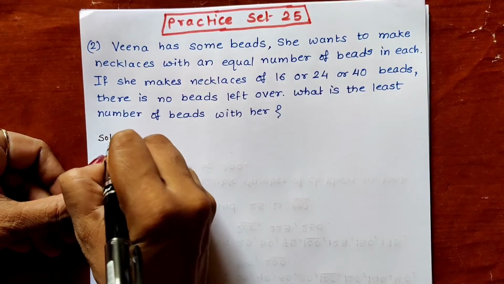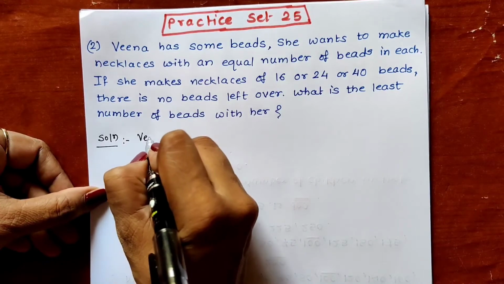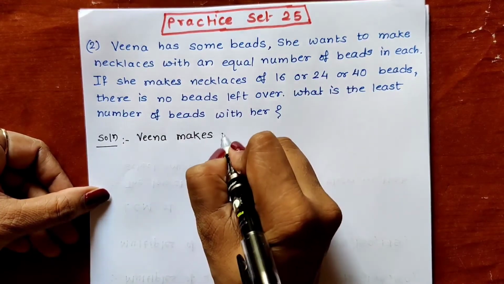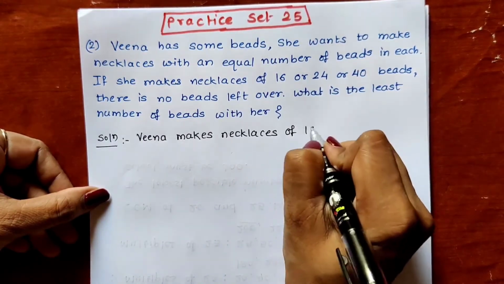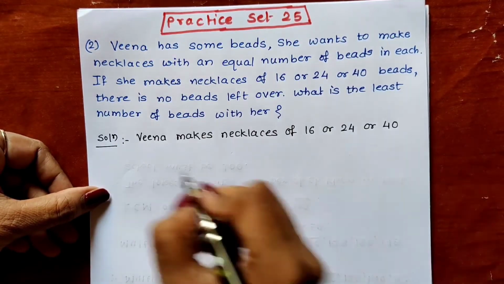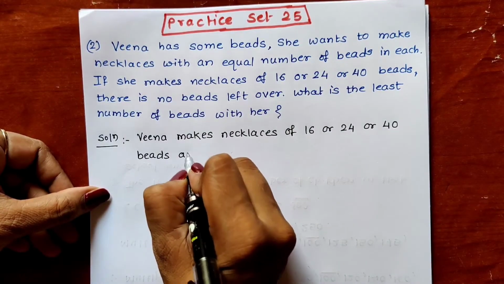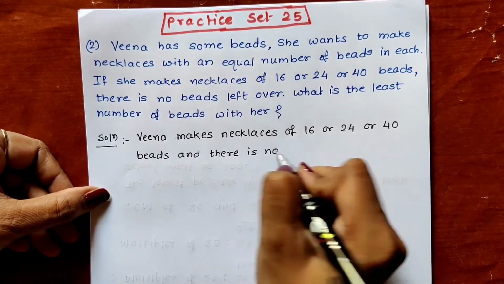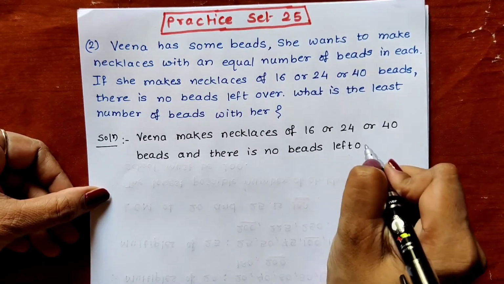Start the solution. Veena makes necklaces of 16 or 24 or 40 beads, and there are no beads left over.